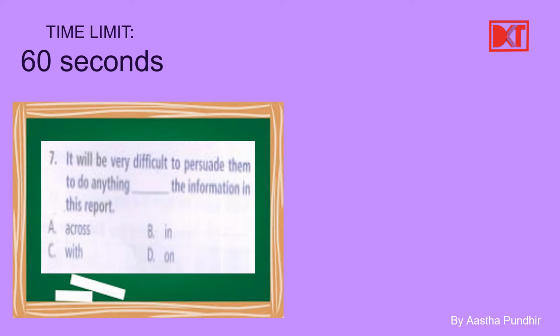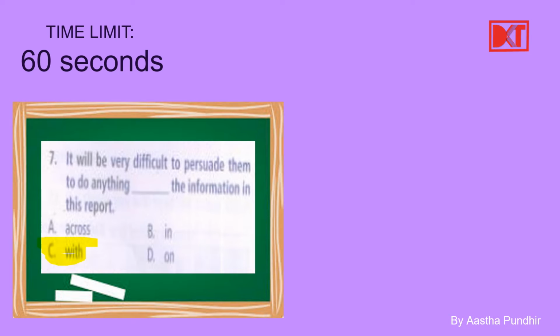Okay, here: it will be very difficult to persuade them to do anything dash the information in this report. Across the information, in the information, with the information, or on the information in this report. So here the correct answer is C, with. Why with?